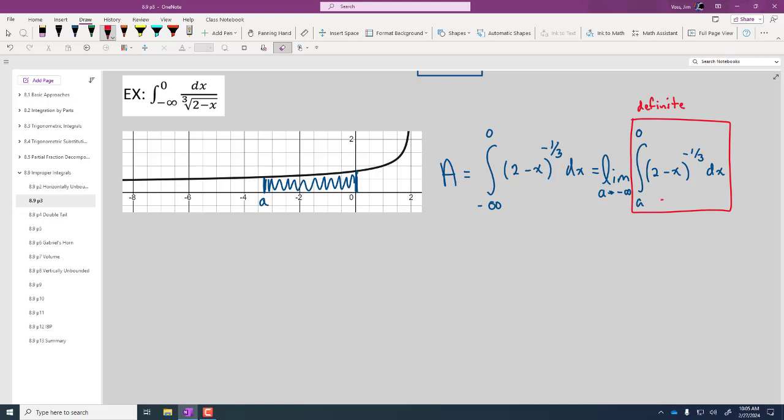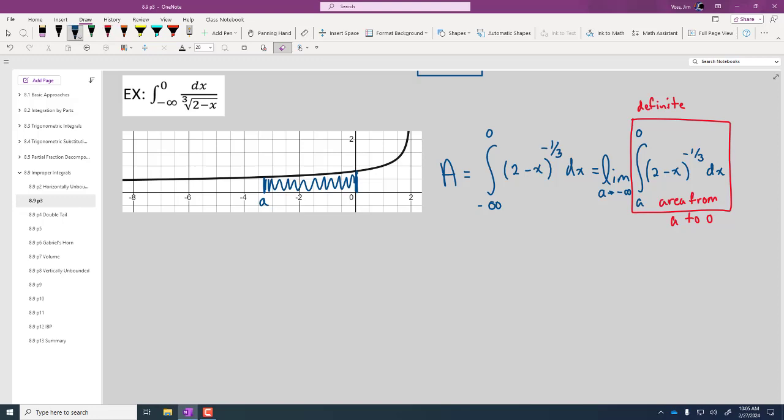And this represents the area from A to 0. So that's what that represents. Because that's going to give us a function of A. When we integrate that and plug in the A and plug in the 0, we get a function of A.